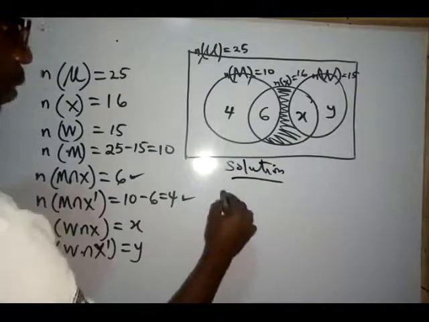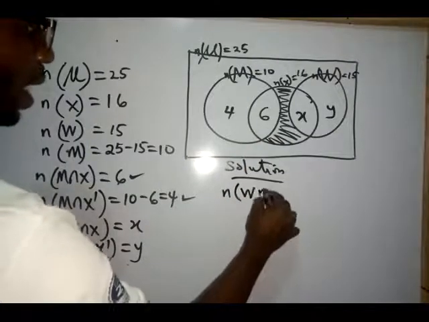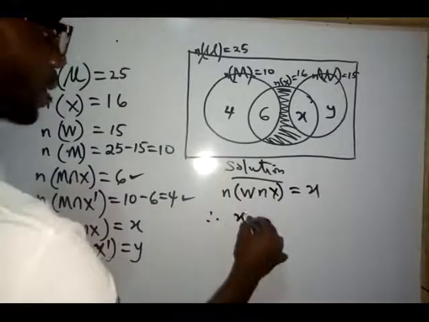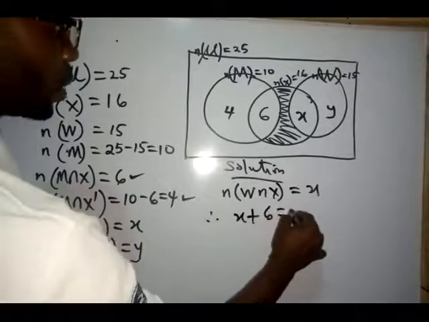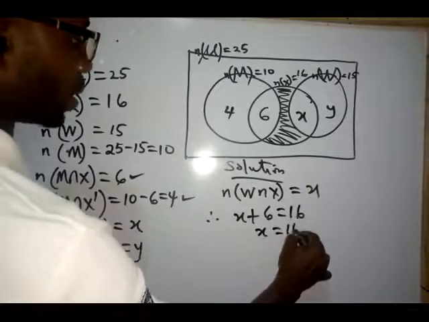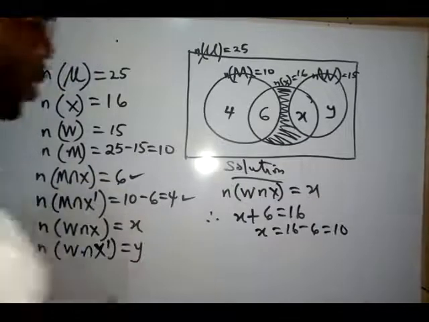This X we are looking for is the number of women that are married. We have said it is X. Therefore, X plus 6 should give us 16. So we can say that X is equal to 16 minus 6, which will easily give us 10. So we know this is 10.